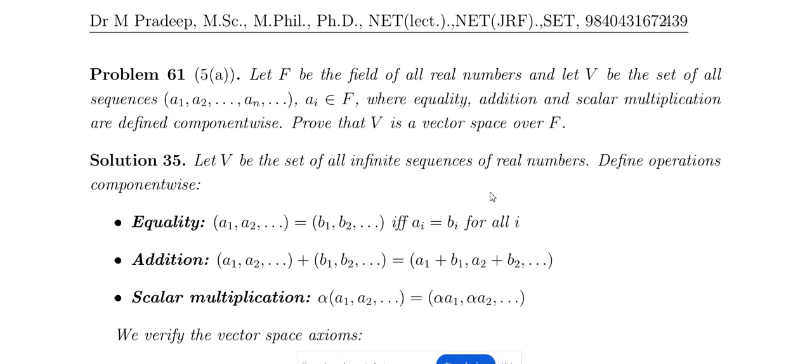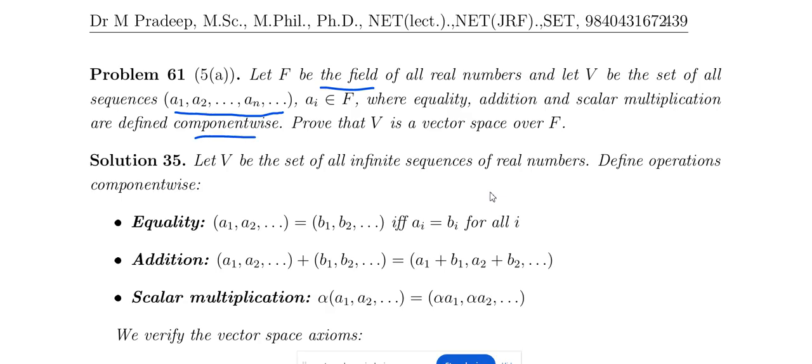This is another example. Let F be the field of all real numbers, V be the set of all sequences of real numbers, and equality, addition, scalar multiplication are defined component wise.